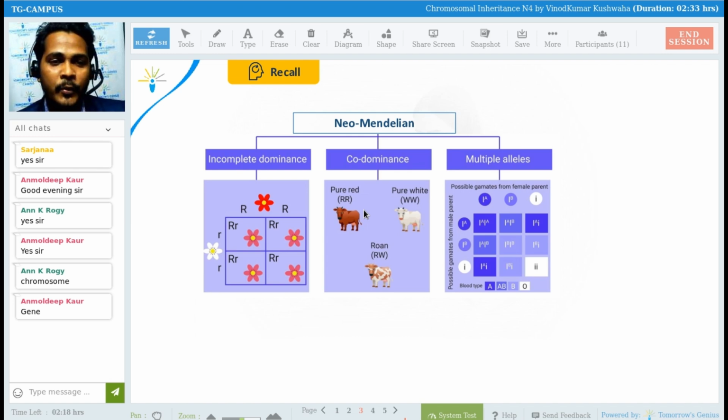If we studied it, then who is going to tell me about incomplete dominance? I'm going to ask all of you, and one of you has to explain what is incomplete dominance, what is codominance and what are multiple alleles. So who is going to explain this one by one?